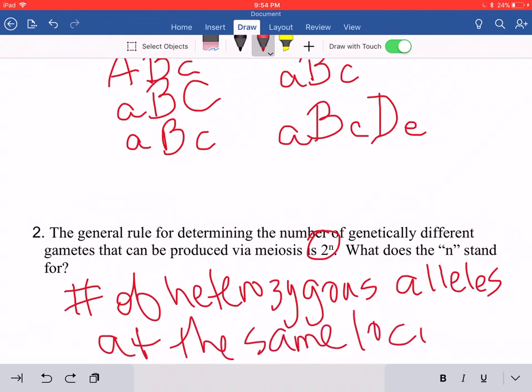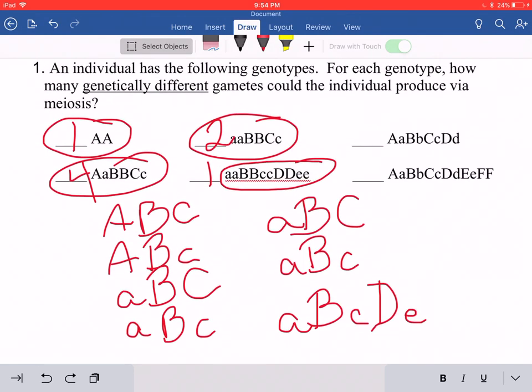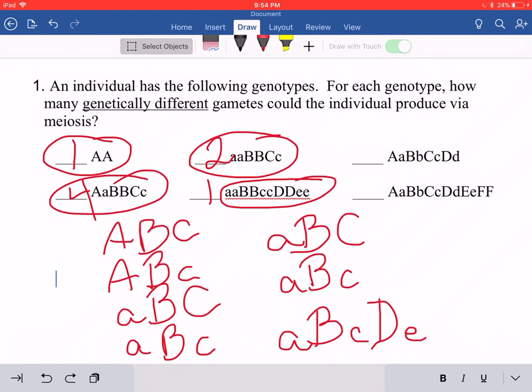So, what does this mean? If we go back to these problems that we saw here, this first one, 2 to the n, would be 2 to the 0 because there are 0 heterozygote combinations here, and anything to the power 0 is 1.